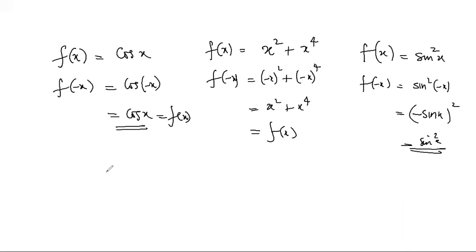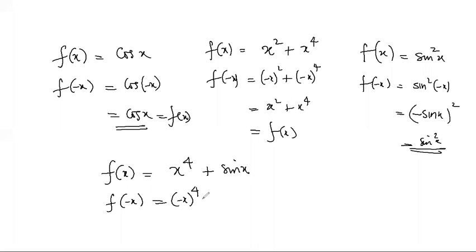You need to check whether a function is even or not. So what can you say about this function? Is it even or odd? It is neither even nor odd, because when I replace x by minus x, this will be like this: x raised to 4 minus sine x.